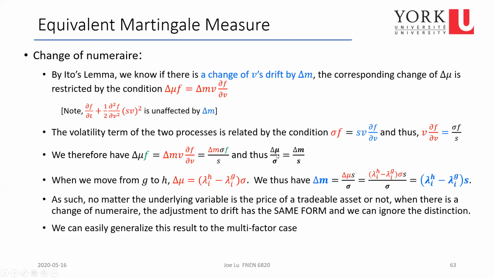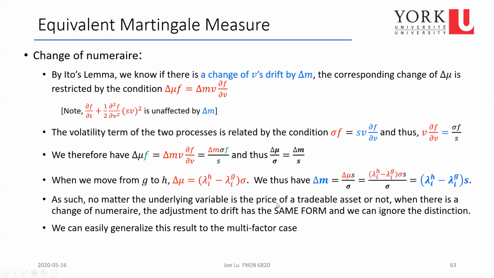And then you have a condition here, which is delta mu divided by sigma, which is the change of the drift divided by the volatility of F, is equal to delta m, which is the change of the drift of V, divided by the volatility of V.